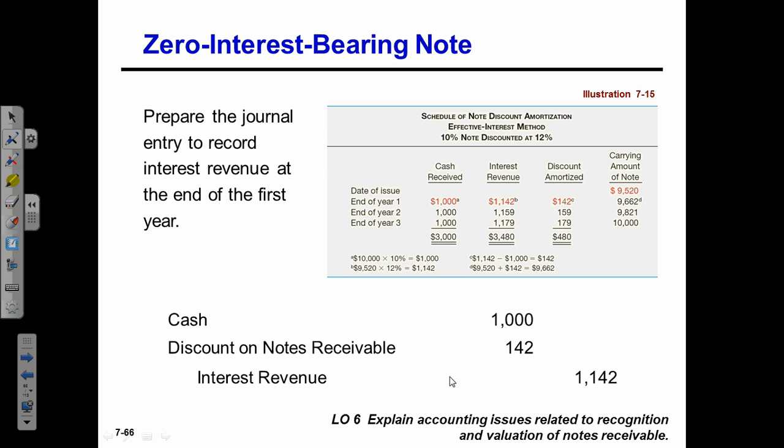By the way, how about if I were selling, instead of selling product, a piece of equipment to somebody and they give me a note for it? What would you do? Debit the notes receivable, credit the discount, or just make the note receivable for the net, right? Credit equipment for the amount we originally paid for the equipment. Debit accumulated depreciation for the accumulated depreciation up to the date when we got rid of it, right?